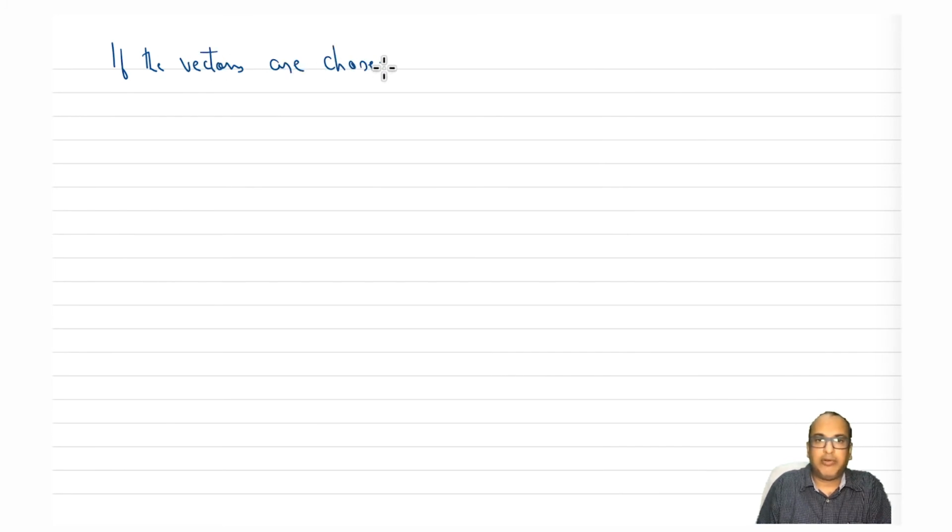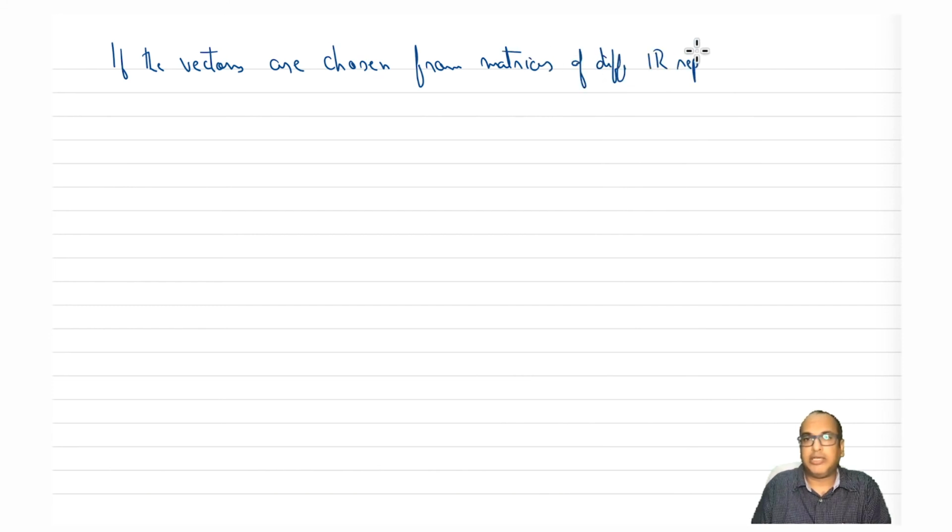If the vectors are chosen from matrices of different irreducible representations, then we say that they are orthogonal.